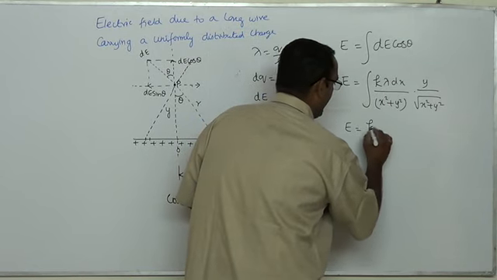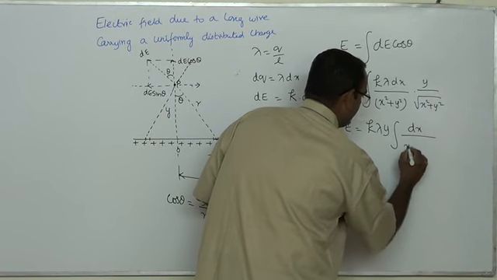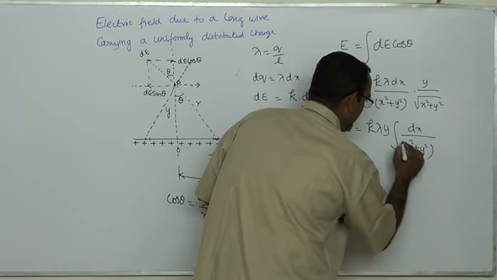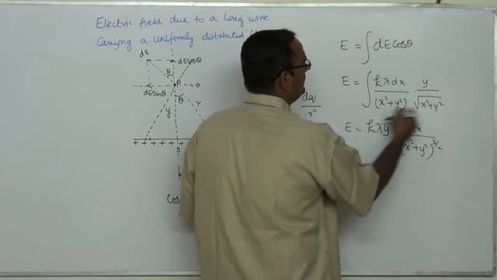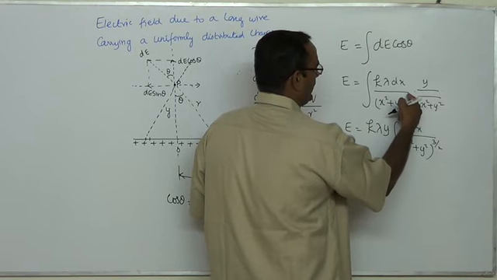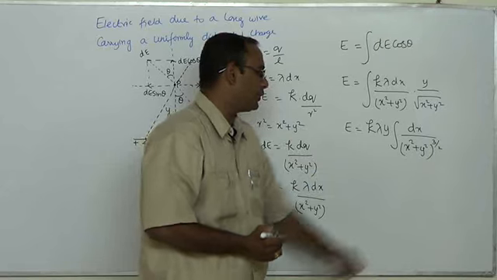Now k lambda y integral dx divided by x square plus y square, the whole power 3 by 2, because this is root a into root a, power 1 into a power half, a power 1 plus half, which is a power 3 by 2.